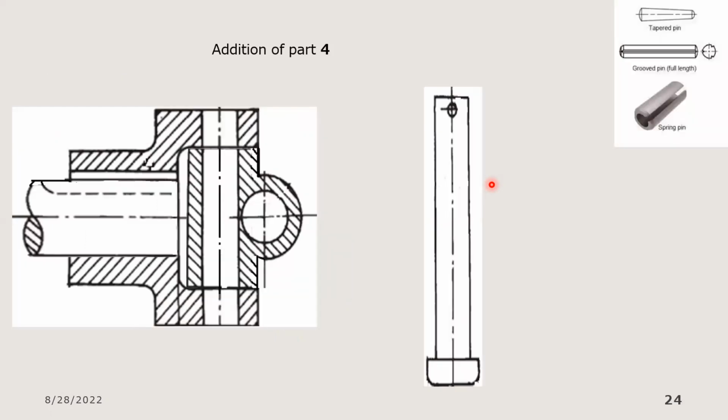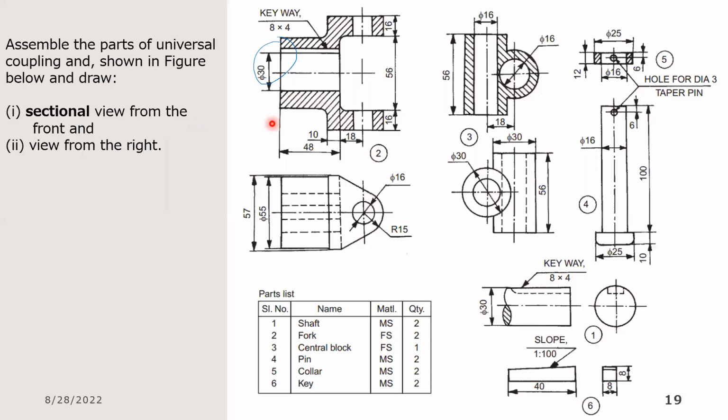Okay, next part is part 4. How do we know that part 4 is the next to join the assembly? Because part 4 has a diameter which matches with the diameter of another hole in the assembly. Just take a look.